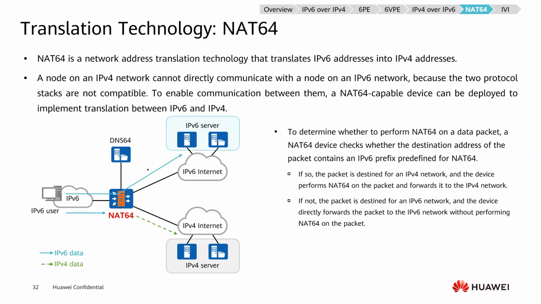The scenarios where we use NAT64 are, for example, when v6 users want to connect to a v4 service on the internet, or v4 users want to connect to a v6 service. So there are two scenarios for NAT64.